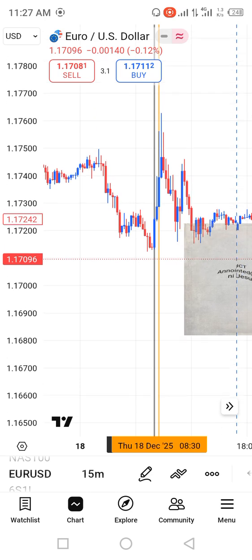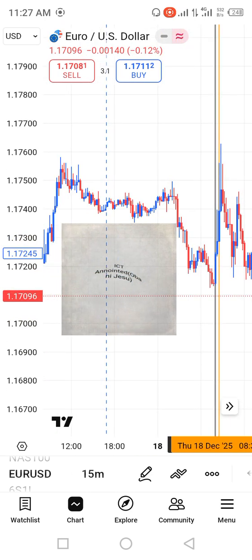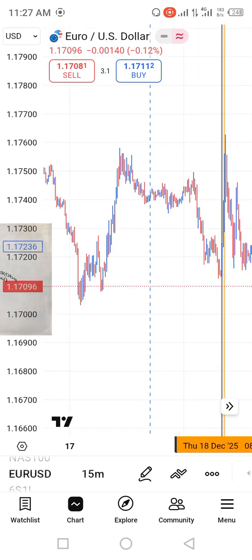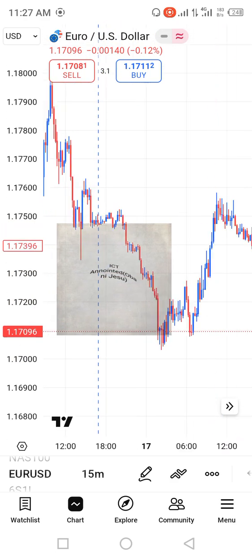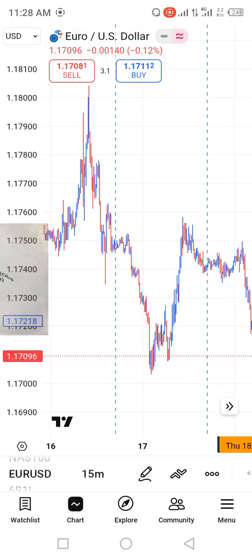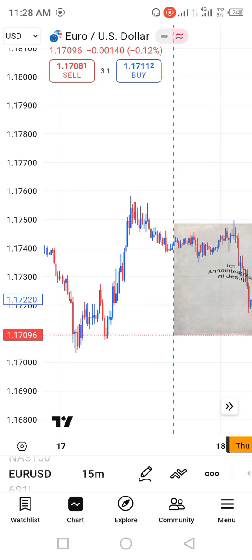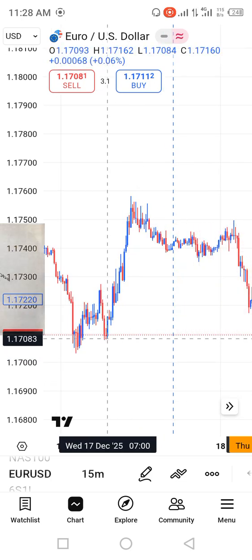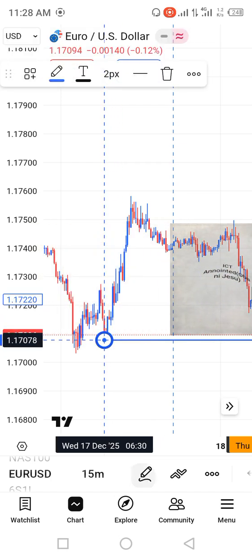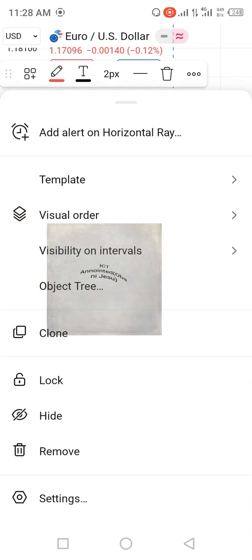Okay, so what we do, we mark out prior to the CPI. We mark out the sell side and the buy side, just like what we did on the dollar index. So prior to the release, we have this sell side here. We form relative equal lows. So we'll put it, delete your sell side liquidity.